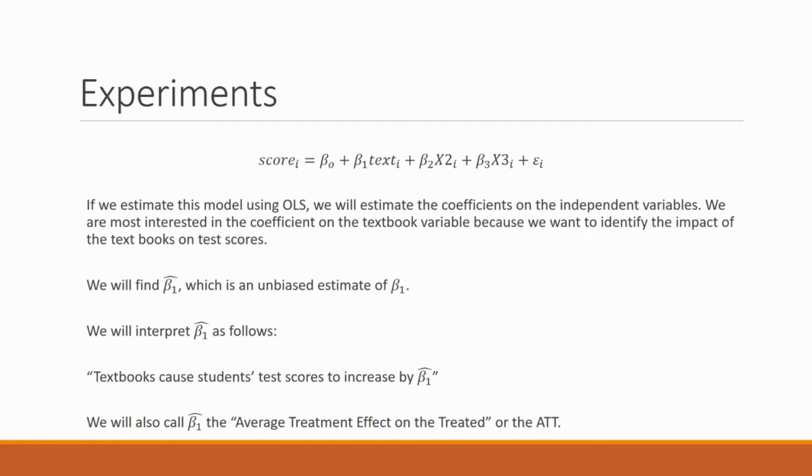It's the effect that the treatment, the intervention, has on whatever outcome or dependent variable we're interested in looking at. All right, so in this case, we wanted to know what's the impact of textbooks on test scores. We've been able to get the unbiased impact of textbooks on test scores, and we can call that the average treatment effect on the treated.